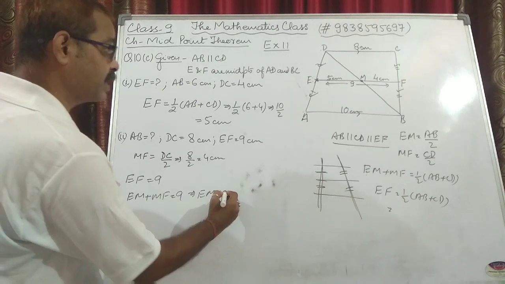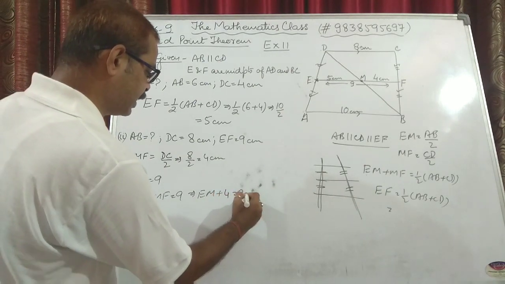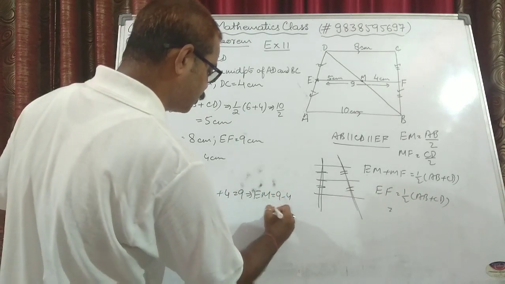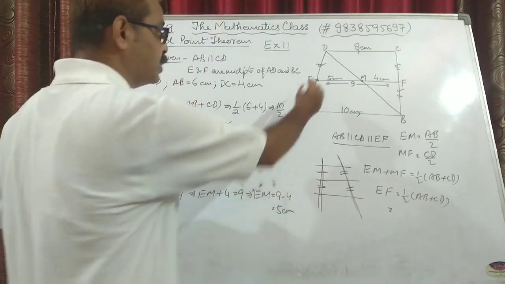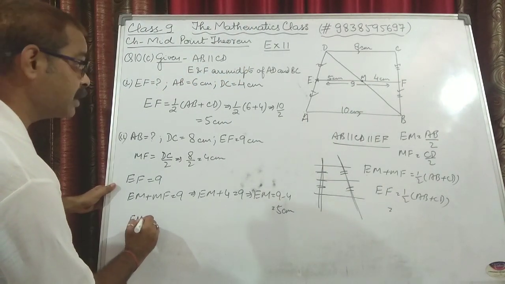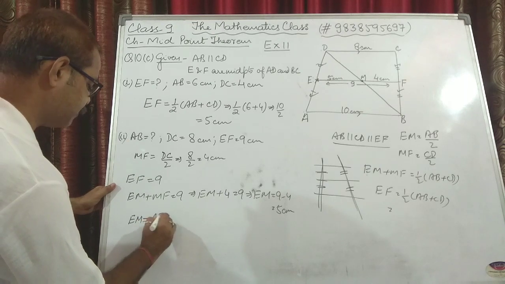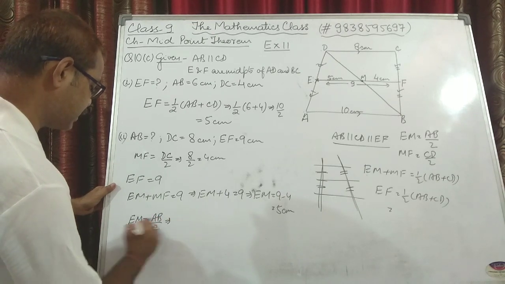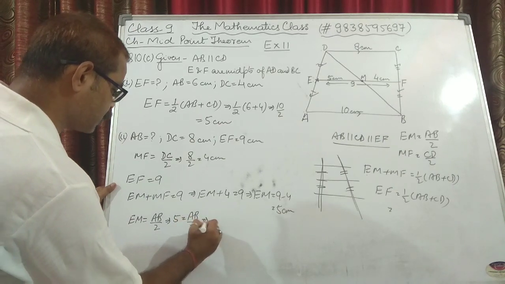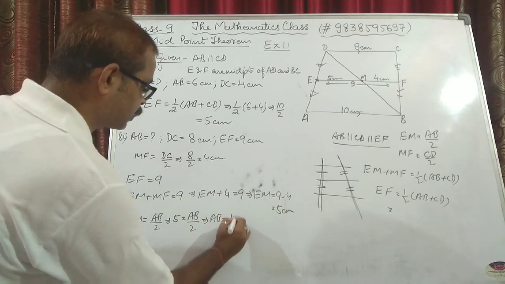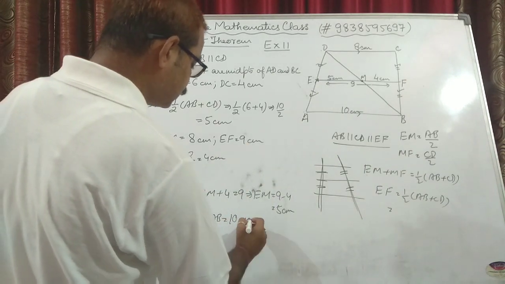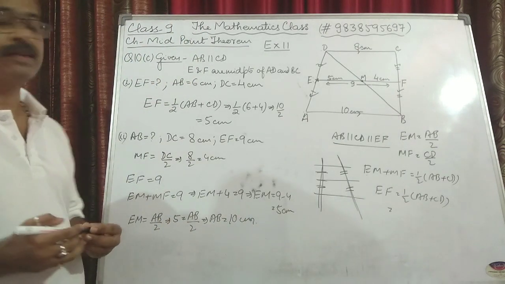MF is 4, so EM is equal to 9 minus 4, that is 5 centimeters. So EM came out to be 5. We know that EM is equal to half of AB, so 5 is equal to AB upon 2, cross multiply, so AB is equal to 10 centimeters. So this is the final value.